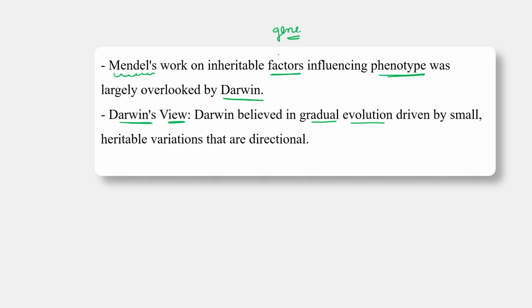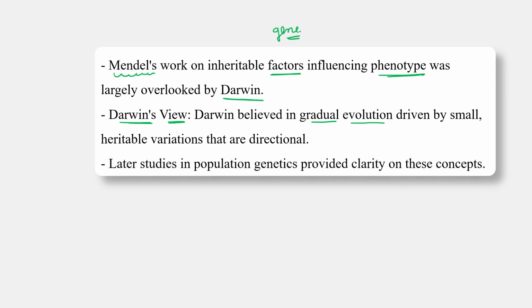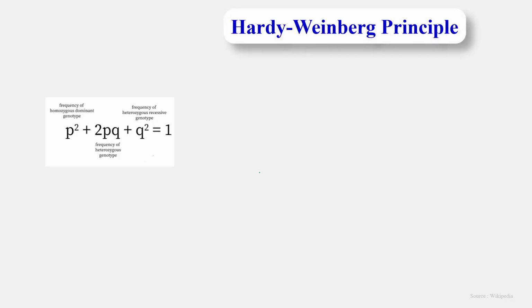As I just told you, he was a naturalist, so he largely overlooked Mendel's work. Later on, population genetics provided clarity on this concept. So this is all about the theories: Lamarck's theory, Darwin's theory, neo-Darwinian theory, and then mutation theory, which was given by Hugo de Vries.